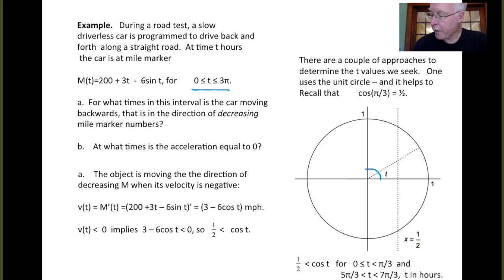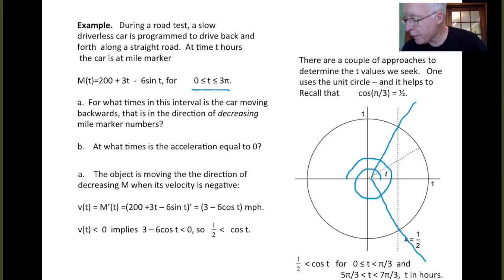So we're going to be going around the circle. That's 2 pi, and we even allow angles like this, 3 pi. And again, if we draw in our guidelines, here's the pi over 3 angle, and here is the other angle that intersects at x equals 1/2.